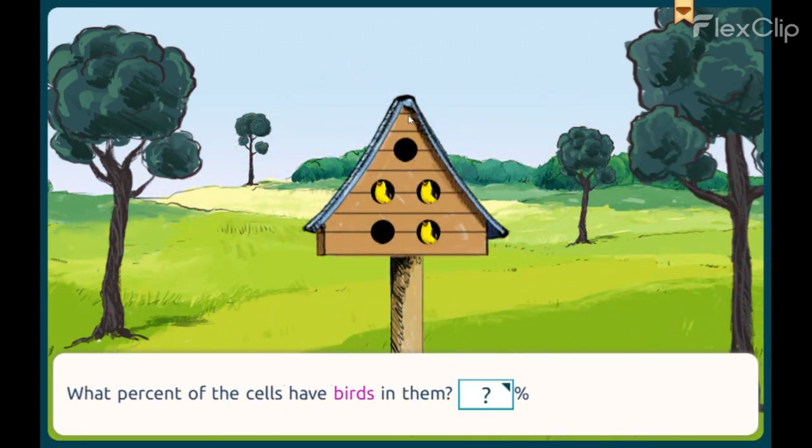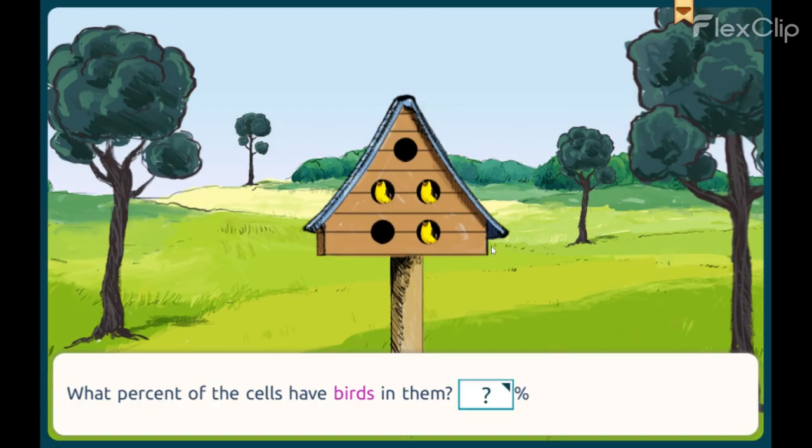We have here 5 cells. We have to split 100 into 5, and each piece or each slice of pizza would be 20%. 20, 40, 60, 80, 100. Yes, we double check.